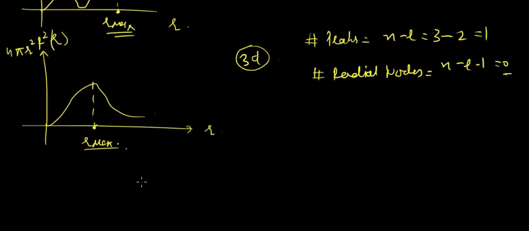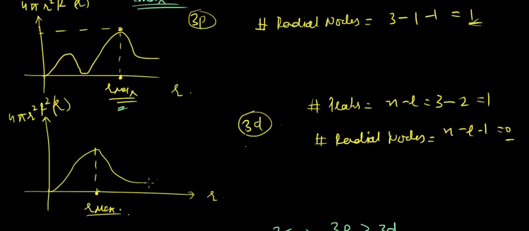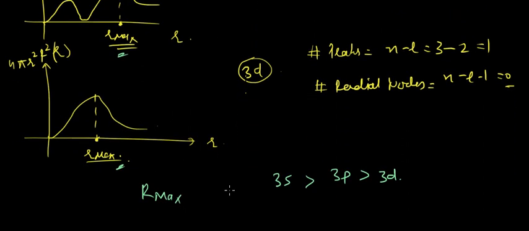So the r max order would be 3s more than 3p, that would be more than 3d. Okay, because as you can see, for 3s the r max was here, for 3p it would be here, and for 3d it was here, hence the r max order would be like this.